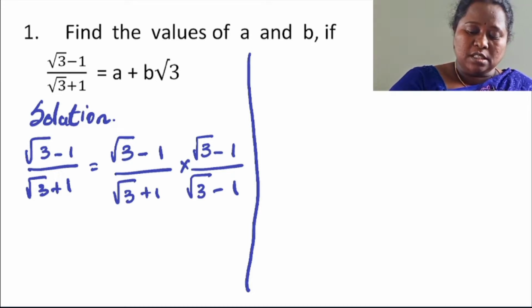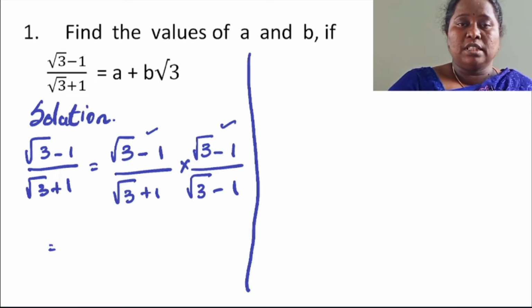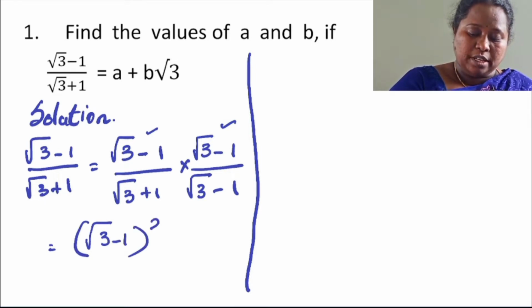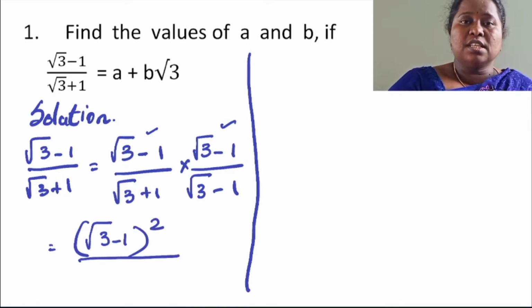When I do like this, in the numerator we have root 3 minus 1 and root 3 minus 1. That can be expressed as root 3 minus 1 the whole square. The denominator, root 3 plus 1 and root 3 minus 1.